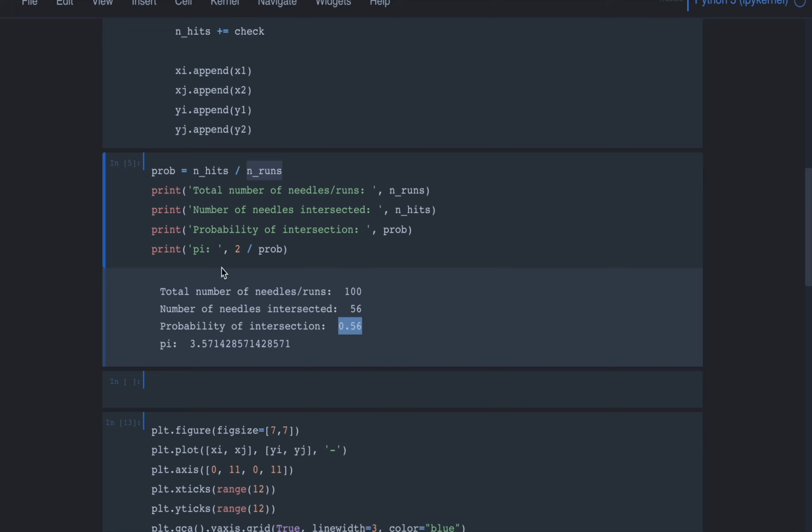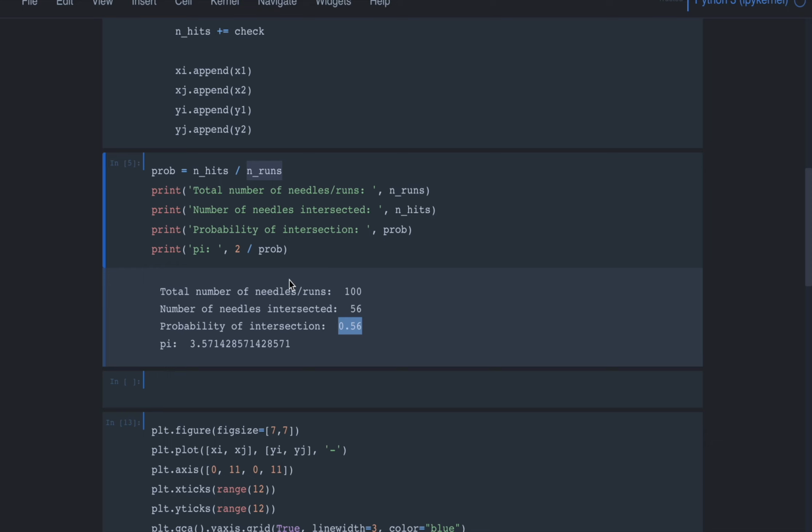But now mathematically, this probability will be equal to 2 divided by pi.